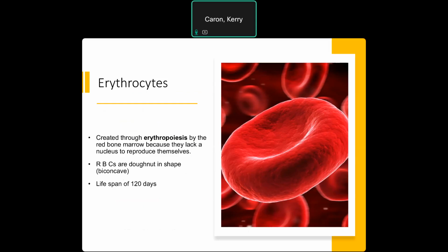And this happens in the red bone marrow. These cells do not have a nucleus, so they do not reproduce themselves. They're sort of donut-shaped, but not totally, no hole, biconcave, and they live about 120 days.